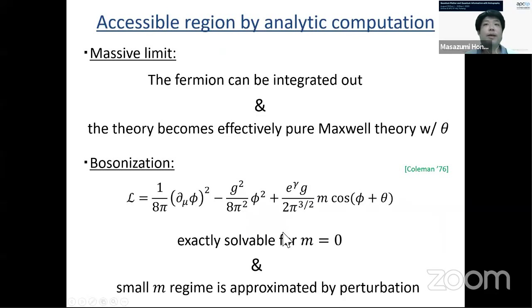And this theory is exactly solvable for m equals 0, since this becomes a free theory when m equals 0. So the Schwinger model is solvable for the massless case. And also the small mass regime can be approximated by weak coupling analysis of this bosonized theory.